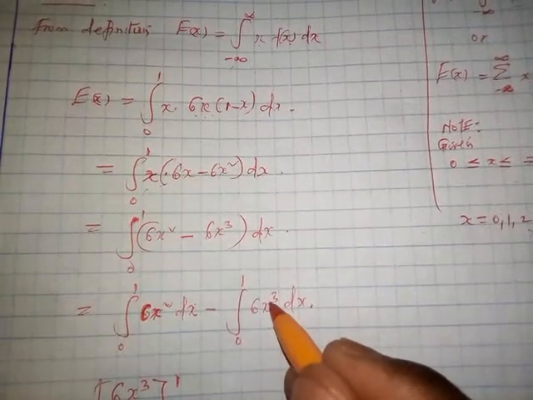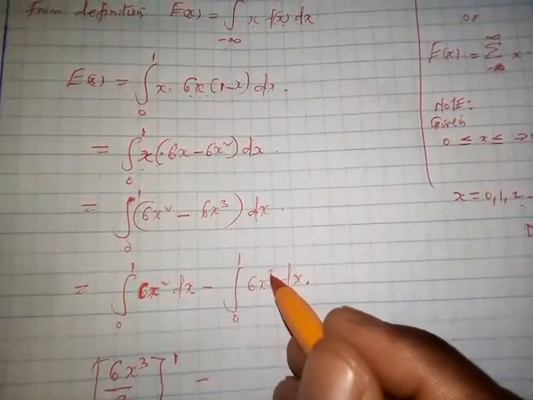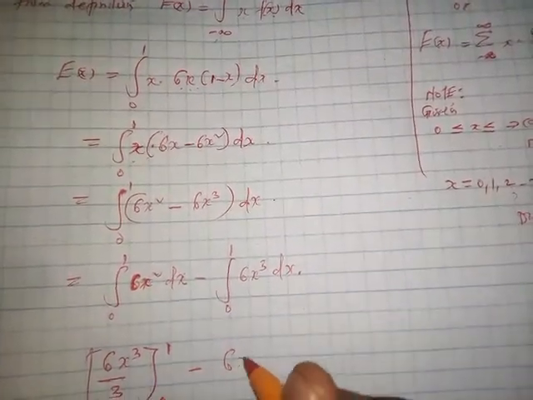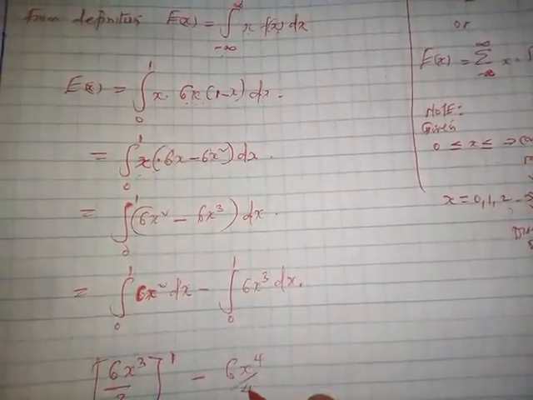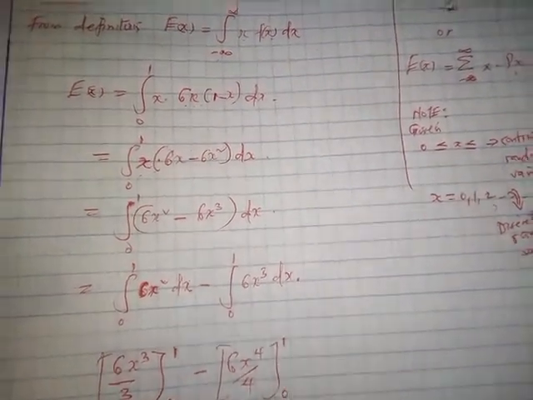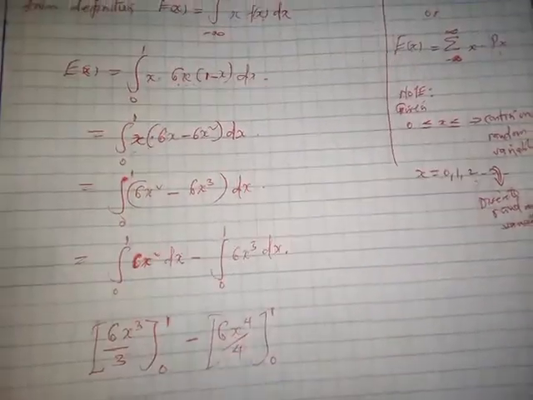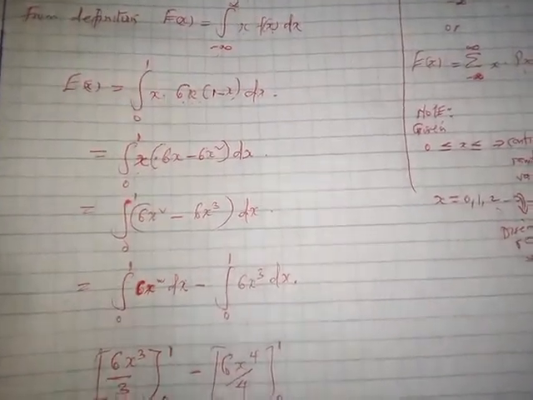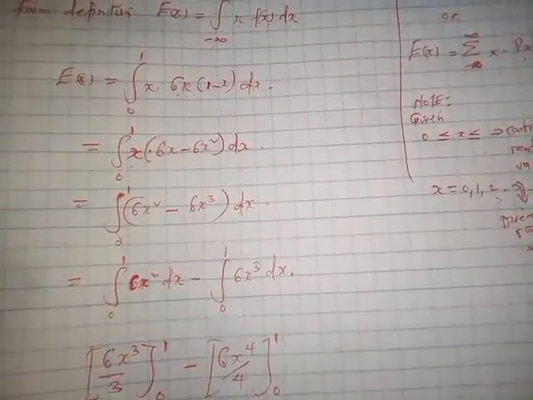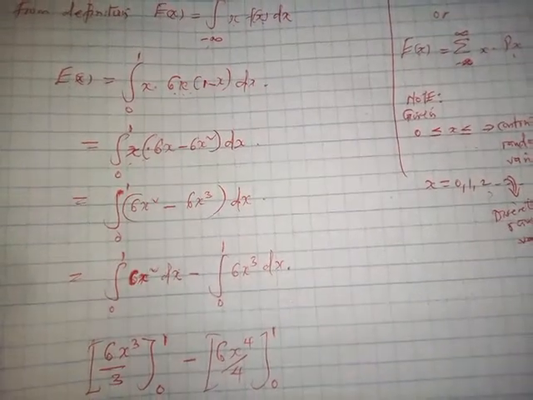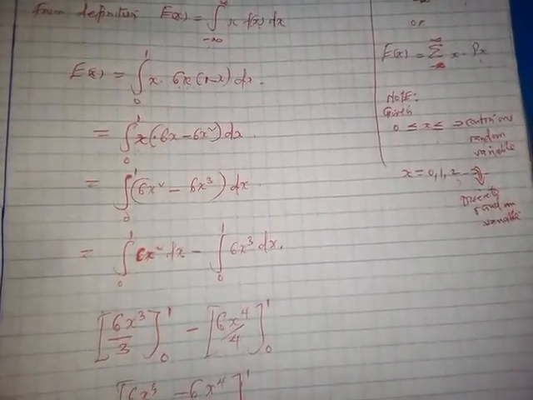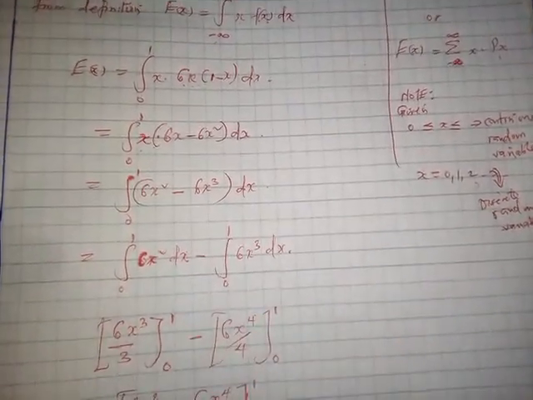Minus, if we integrate, we increase the power by 1: 3 plus 1 is 4, then we divide by the increased power, so it becomes 6x to the 4 over 4, with limits 0 to 1. This can also be written as 6x cubed over 3 minus 6x to the 4 over 4. It's just the same thing.